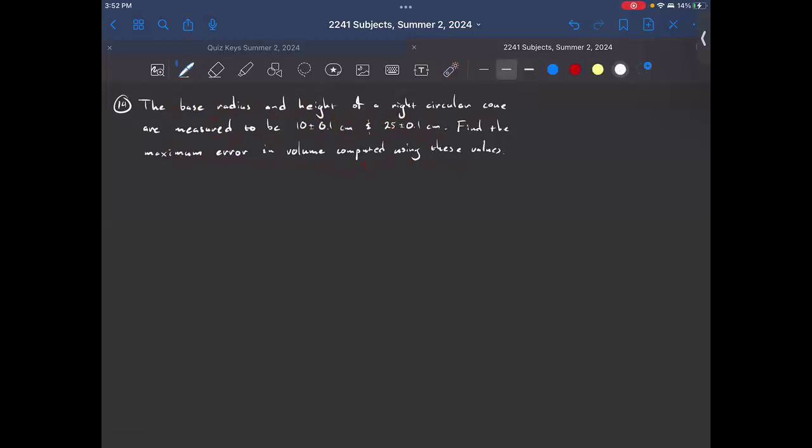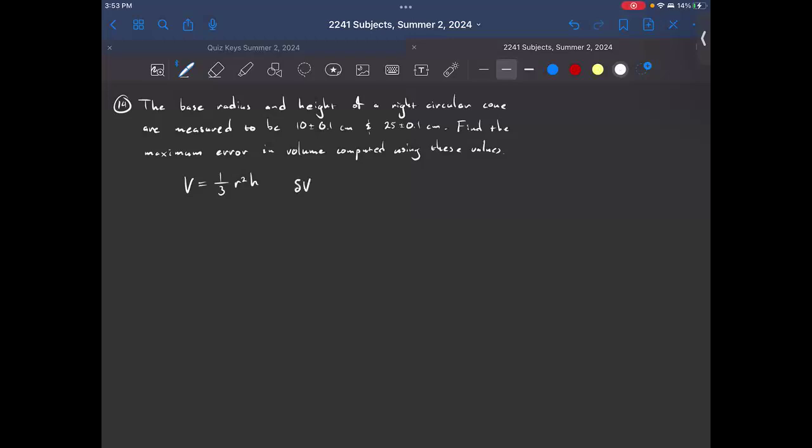Okay, so first off, we have to write down the formula for the volume of a right circular cone in terms of its radius and height. And if you don't know that, it is just like a cylinder, except it has this factor of 1/3 in front. Okay, so basically what we need for the maximum error is the differential.